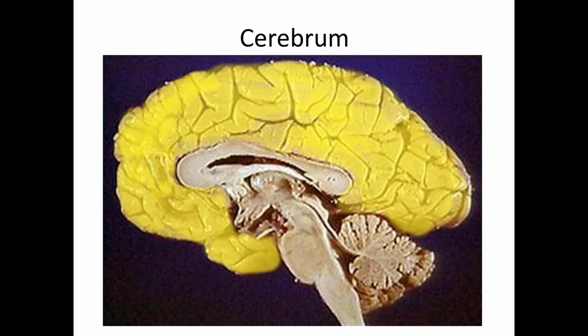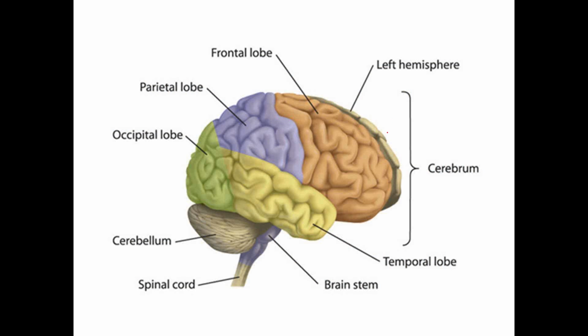The cerebrum is complicated, but we can actually split it into a number of regions. So here are your regions. You'll notice, and here's the beauty of this, just like the spinal column, they're named according to the bones where the region is associated with.